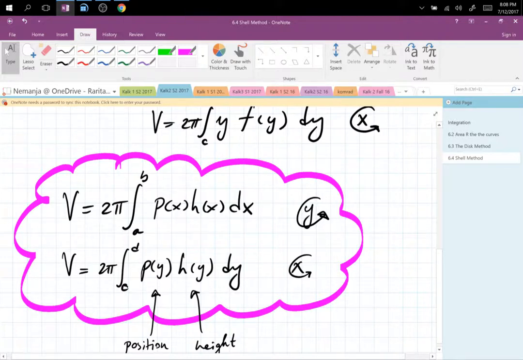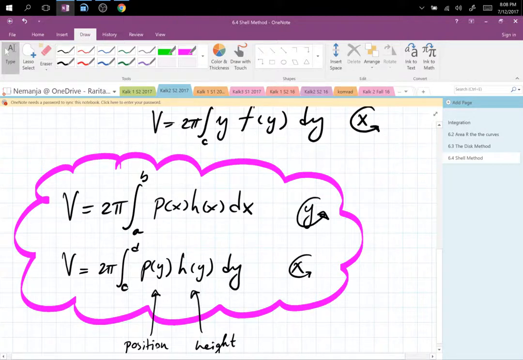These methods are not competing with each other. They actually complement each other. Certain problems will be easy using both methods. Some problems will be faster with one method than the other, and some problems will be impossible to do with one of the methods, and you can only use the other one. So sometimes the only way you can do a problem is a disk method.